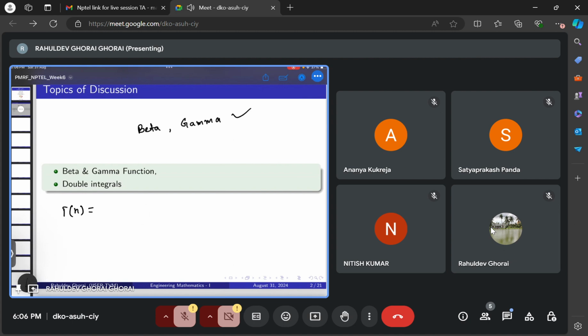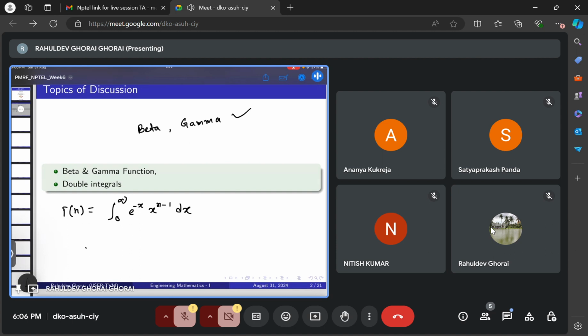Okay, so let's write what is the definition. So gamma at a value n. I will specify what values it can take. That will be the integral of e to the power minus x, the exponential function, times x to the power n minus 1 dx.